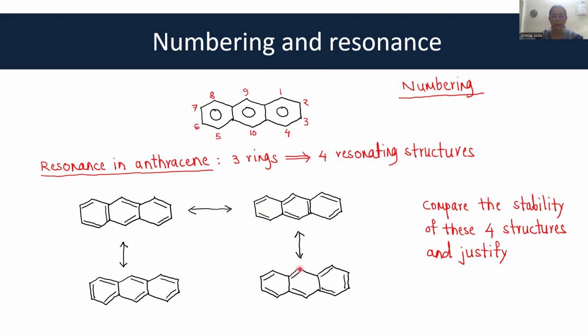But look at the other two structures. In the other two structures, only one ring is in the benzenoid form, either this one or this one. And so the first two structures are more stable because they have two rings in the benzenoid form. The third and the fourth structure are less stable. Okay.